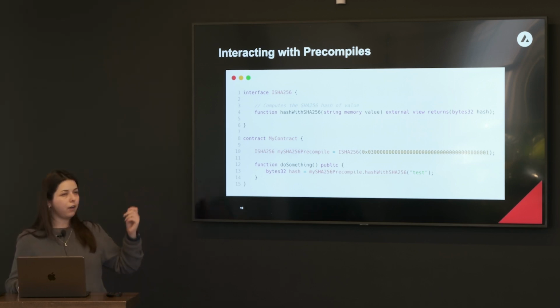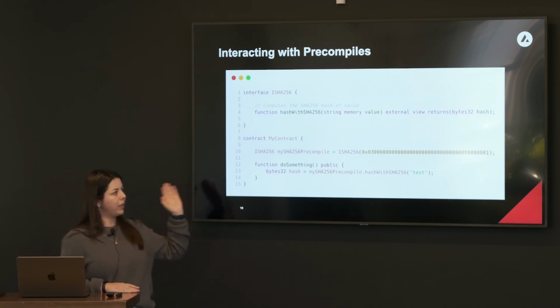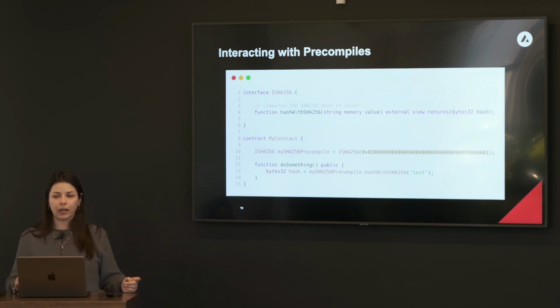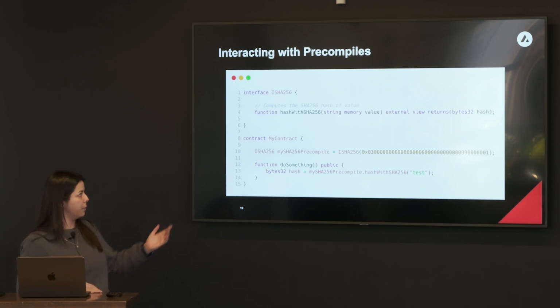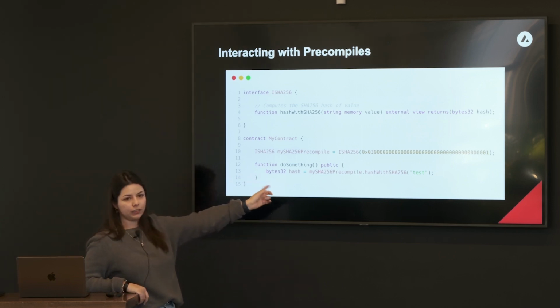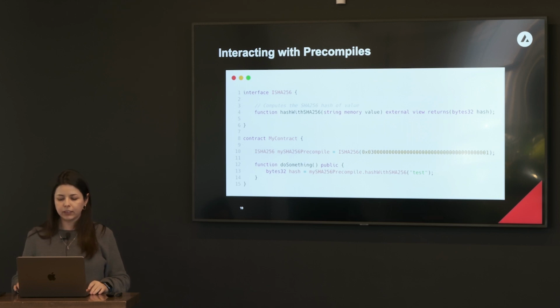For instance, we have SHA-256, and we implement that and deploy it to a specific address. We will see how we can specify that address. And then we call that as a normal contract. We just import the interface, set the address here, and we can start calling that function that is hash with SHA-256.